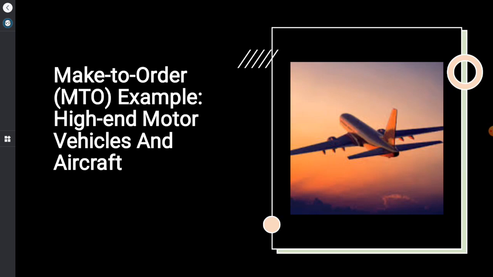Examples of products that are made according to the make-to-order strategy are high-end motor vehicles and aircrafts.